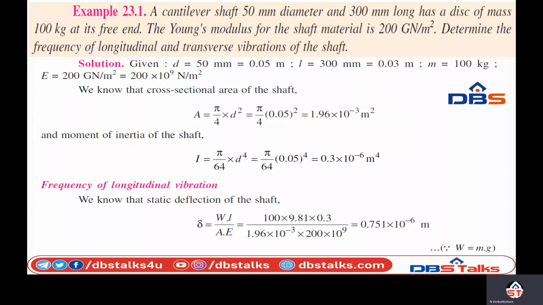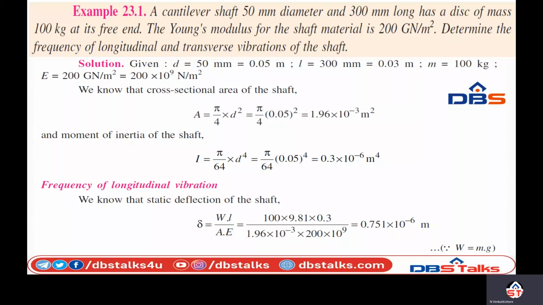So delta is equal to WL by AE. W is 100 into 9.81, L is equal to 0.3, divided by A, which is 1.96 into 10 to the power of minus 3, into E, which is 200 into 10 to the power of 9. By calculating this, we get 0.751 into 10 to the power of minus 6. Then what is the formula for frequency?